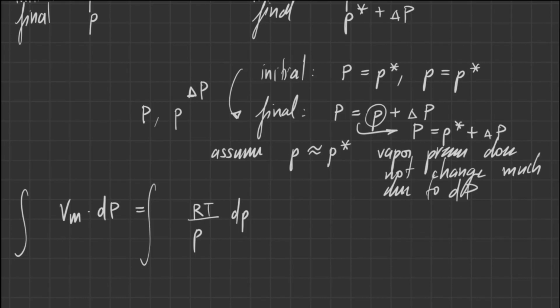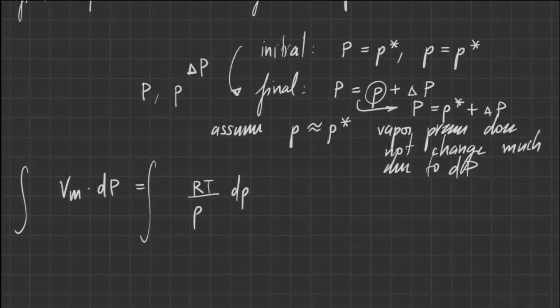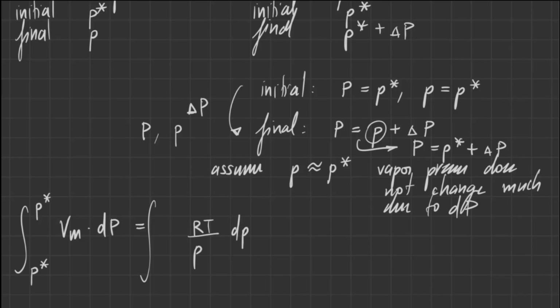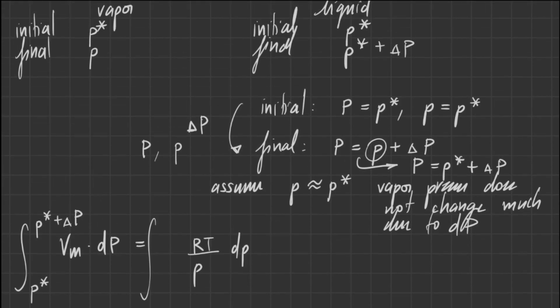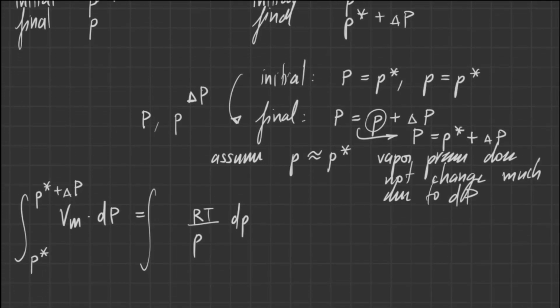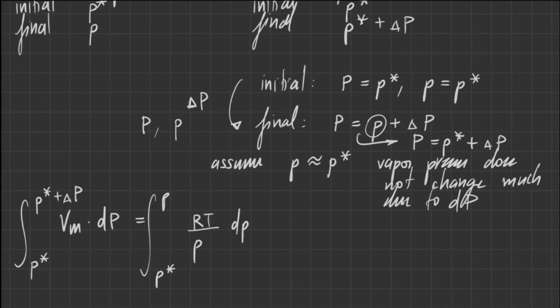We have our P star as the initial, and our P final is P star plus delta P. Here we have our vapor limits of integration. This would be the P star, which is also the initial, and the final is p.